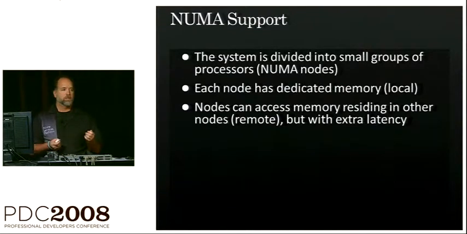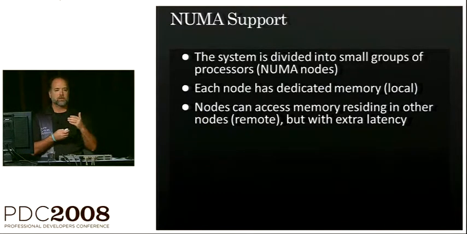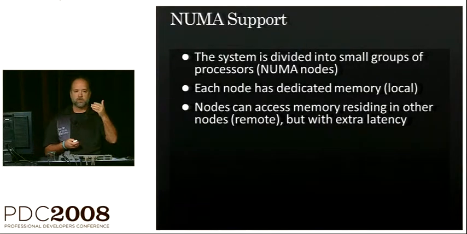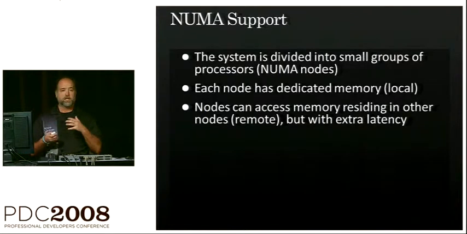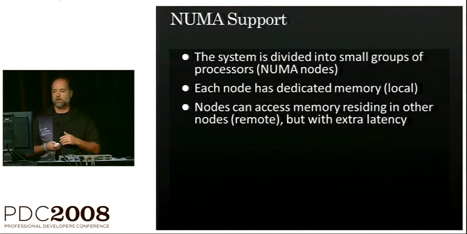In a non-uniform memory access architecture, the system is divided into groups of processors, or NUMA nodes. Each NUMA node has one or more processors and has some subset of the physical memory of the system dedicated to the processors in that NUMA node. All NUMA nodes can access all of physical memory, but there's latency if you go from one NUMA node to another.